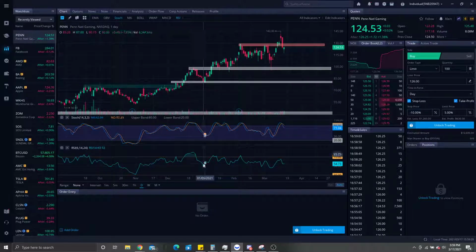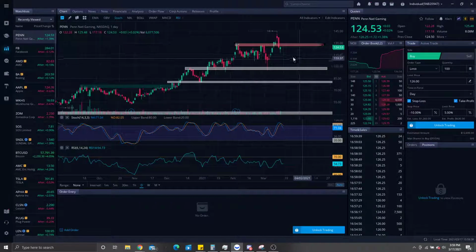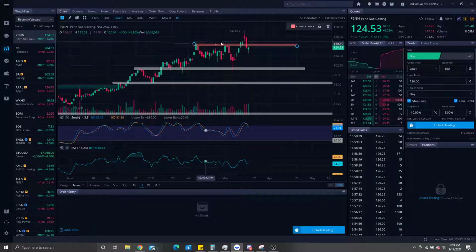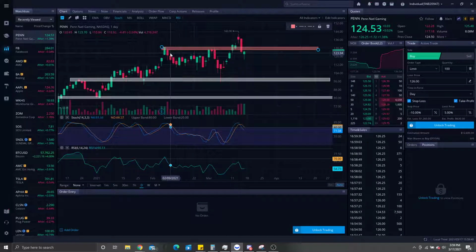I would have taken this one with the RSI pretty well neutral. That would have been a huge win because you get two breakouts on one trade almost. Yeah, that's crazy. And then you get up here, sorry, excuse me. You get up here into these areas and you start seeing a bunch of rejections around the 125, 127 area.